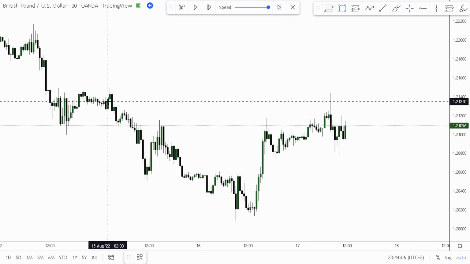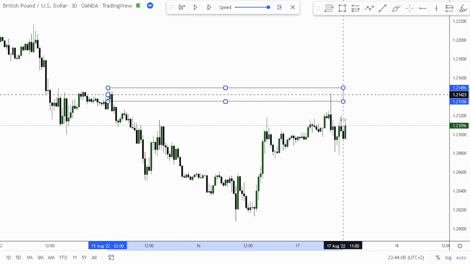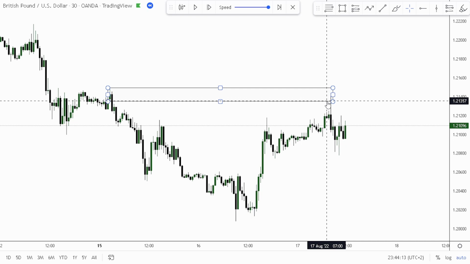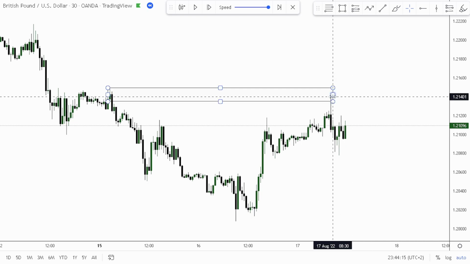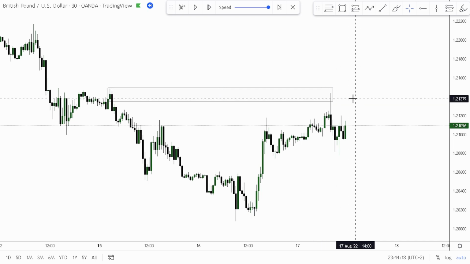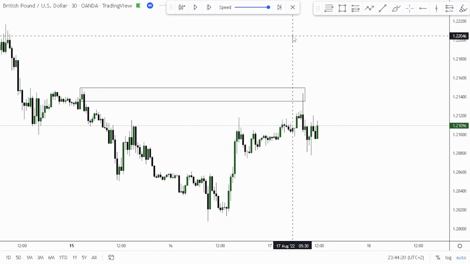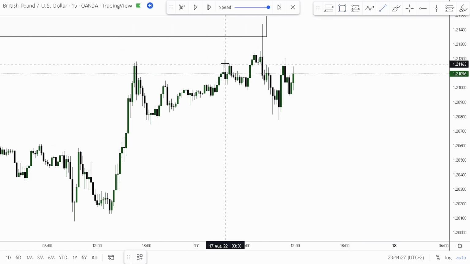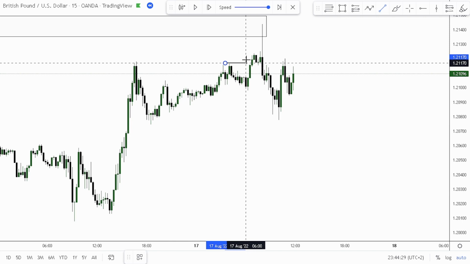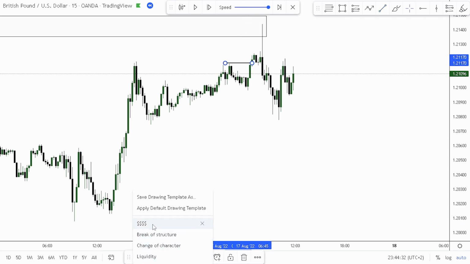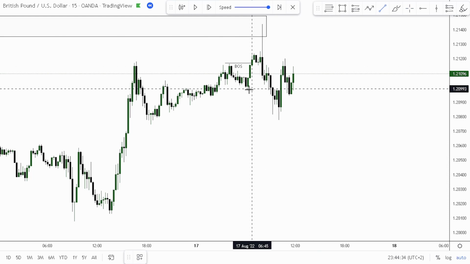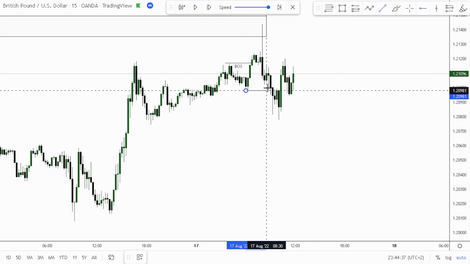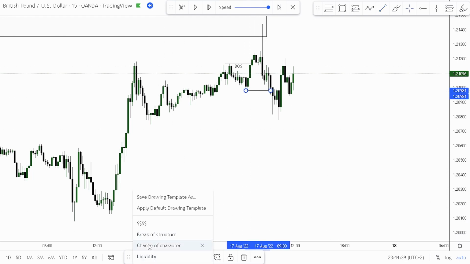So price had just reacted off from this level of supply right over here, and we missed this. Yeah, this was 8 in the morning. I was still preparing to go to school right over here. I did miss this trade, but I did realize that we have another level of supply simply because this was our most recent break of structure, and this is the level of demand that caused the internal change of character.